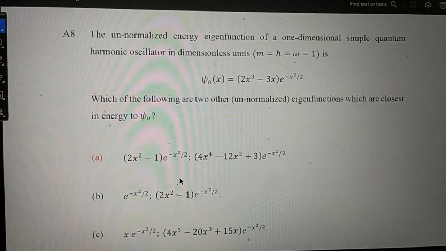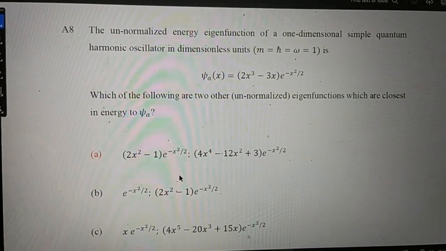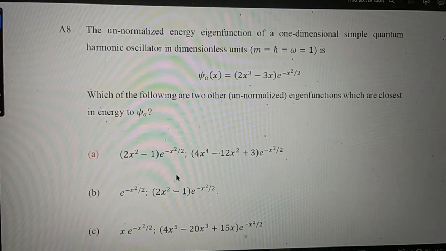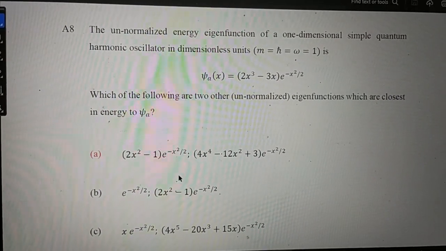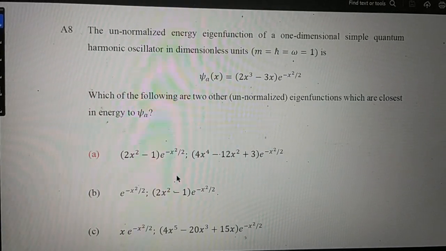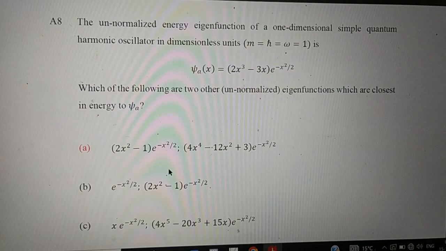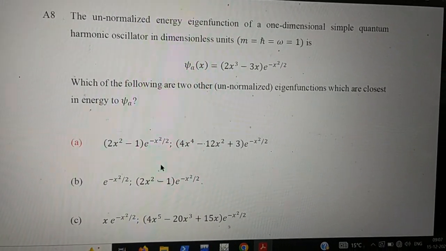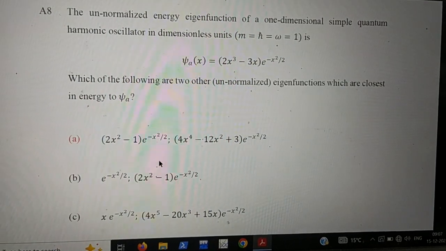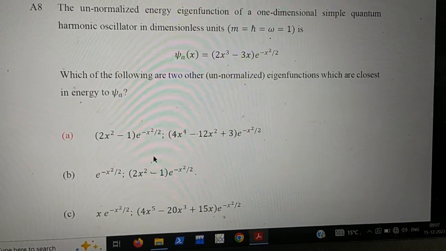So the adjacent wave functions, or the closest wave functions, should have 2 nodes and 4 nodes. That means the wave function which has 2 nodes should have a quadratic equation, and the wave function which has 4 nodes should have a fourth power equation.